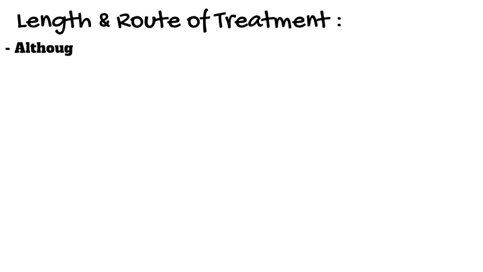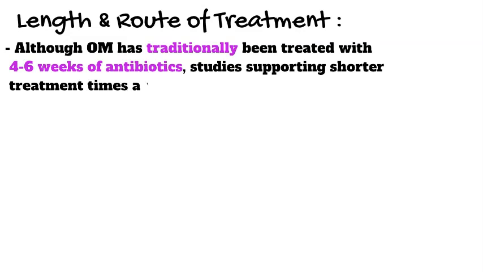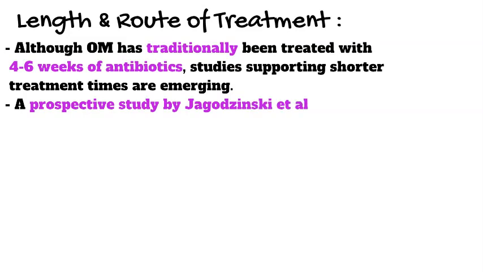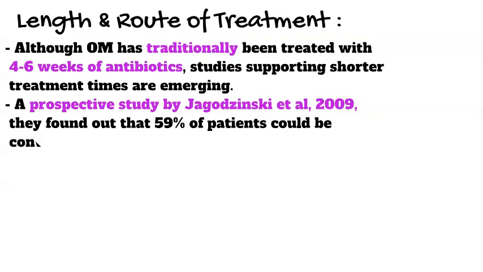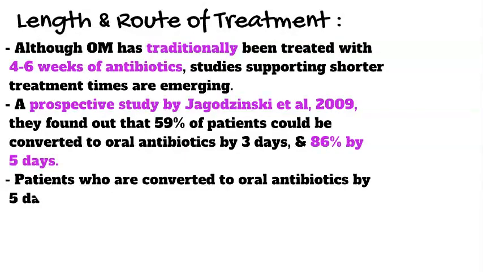Regarding the length and route of treatment, although osteomyelitis has traditionally been treated with 4 to 6 weeks of antibiotics, studies supporting shorter treatment times are emerging. A prospective study by Jagodzinski et al., 2009, I'm sorry if I mispronounced, found that 59% of patients could be converted to oral antibiotics by 3 days and 86% by 5 days.